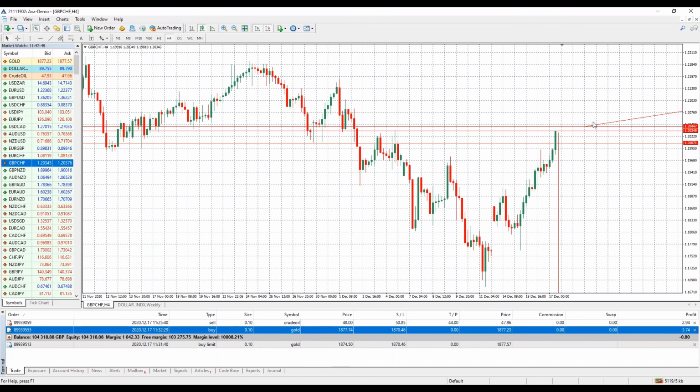If a Brexit deal comes through that the world likes, not just Great Britain, you could see the Swiss franc weaken rapidly and the pound break through this resistance and run up, in which case you could be looking at a take profit somewhere up here at the next major resistance level. So a buy stop pending order up here fundamentally and technically seems to make sense right at that spot.